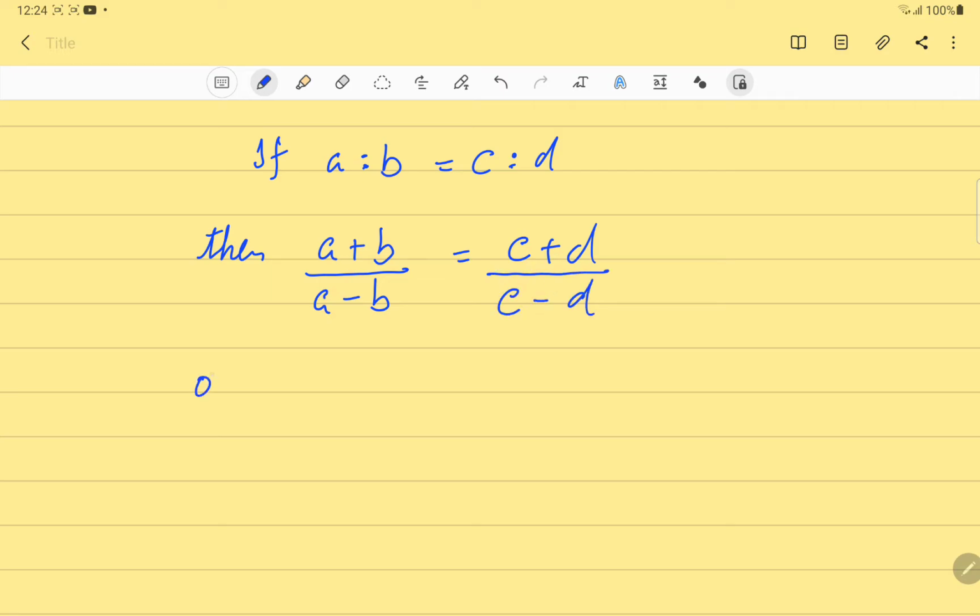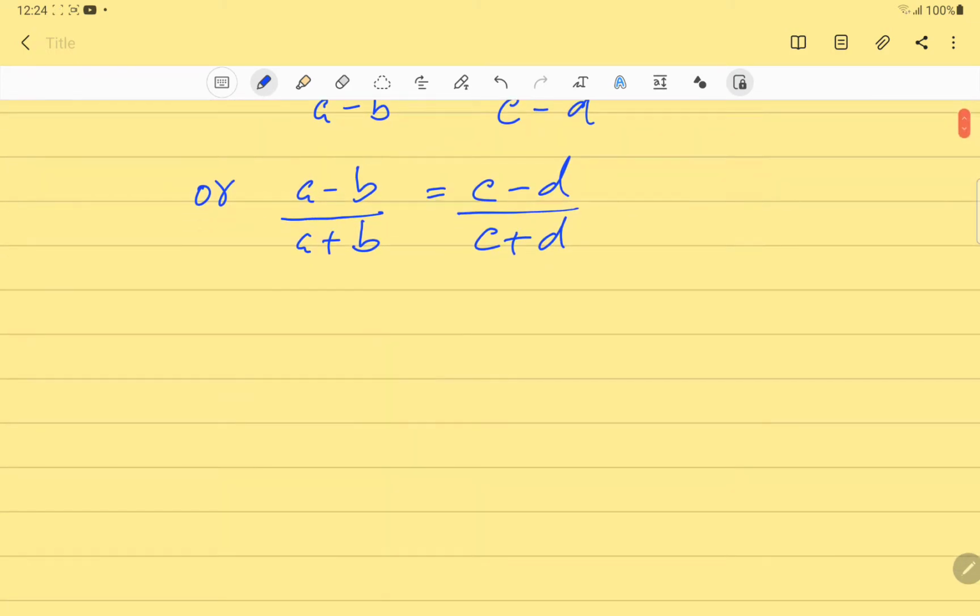Or it can be vice versa also, like A minus B will come in the numerator and A plus B will come in the denominator. Same on the right side, (C minus D) over (C plus D).